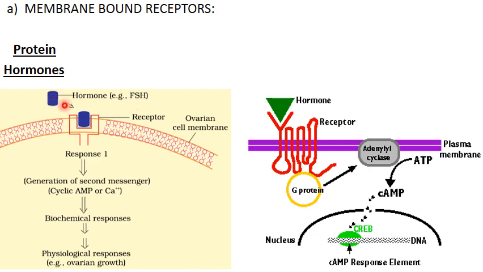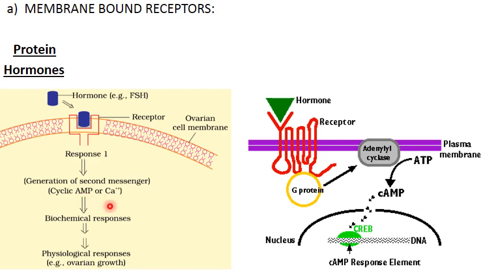So this hormone is going to bind to this receptor, और इसके बाइंडिंग से a hormone receptor complex will be formed. और इसके बाइंडिंग से what will be generated, what is the first response, will be generation of second messenger. Like you have cyclic AMP, like you have calcium, IP3, etc.